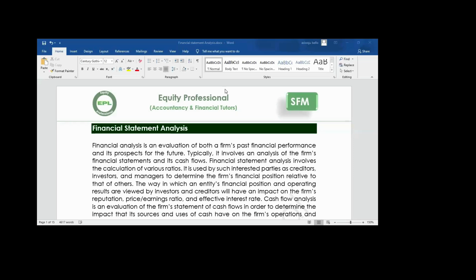Financial statements are statements prepared by the company's directors, usually at the end of the financial year, to show the performance of the company, as well as the financial position of the company.